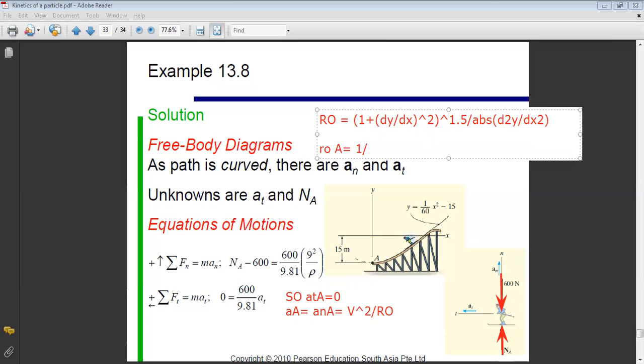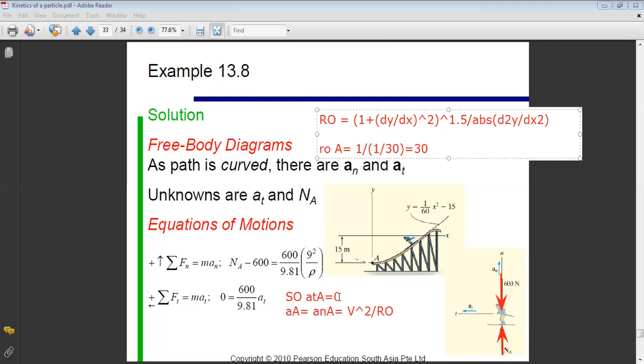The second derivative is 1 over 30, and it's positive, so no need to take the absolute value. So rho is equal to 30. The radius of curvature at A is 30 meters. Now all I have to do is replace in v squared over rho, and I get the normal acceleration at A.